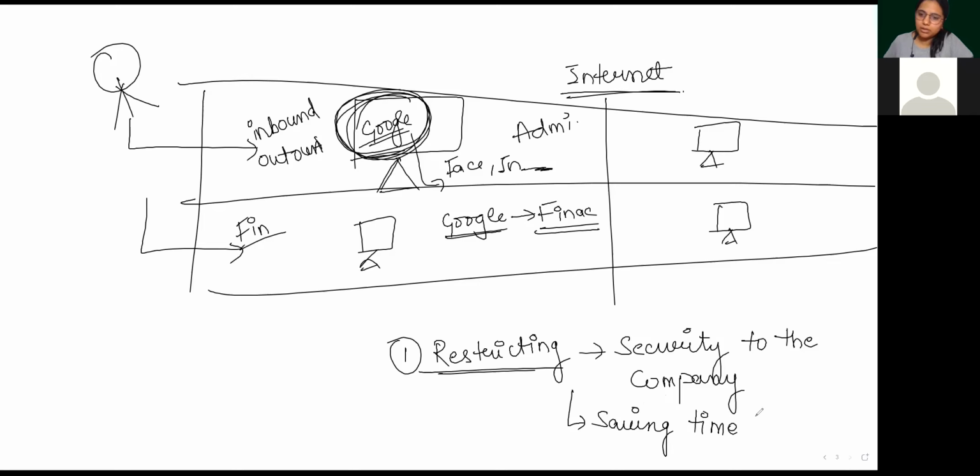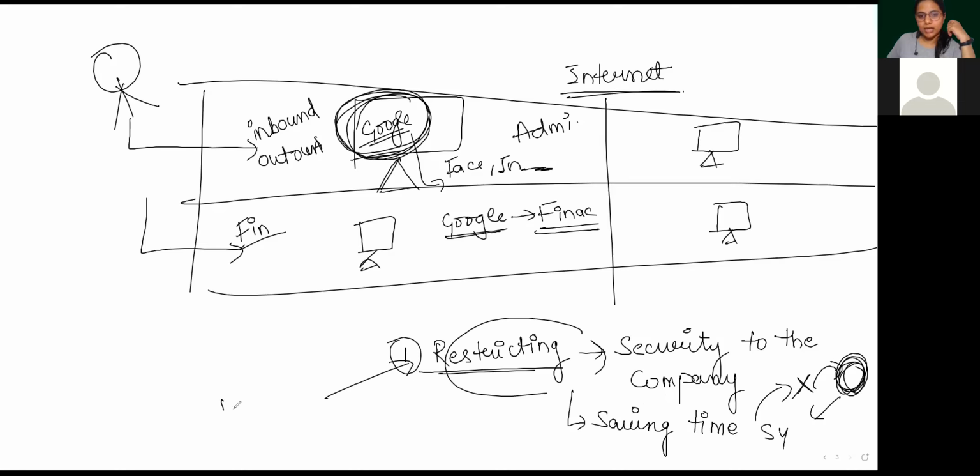How saving time? Because if the person who is working on the system is not able to waste the internet on useless things, they will use the laptop and the internet for the benefit of the company. So in this way, restrictions can be done by adding NACL securities.